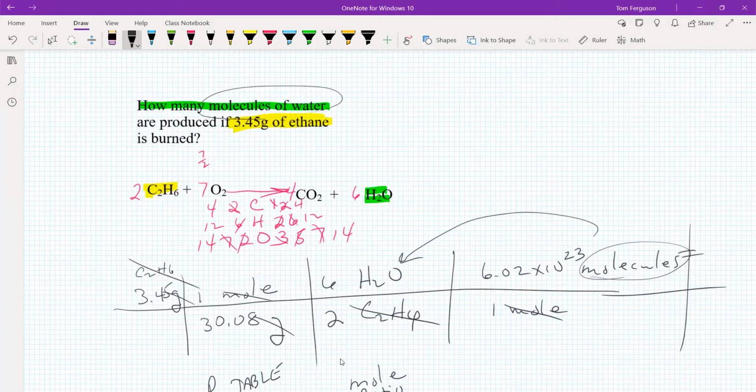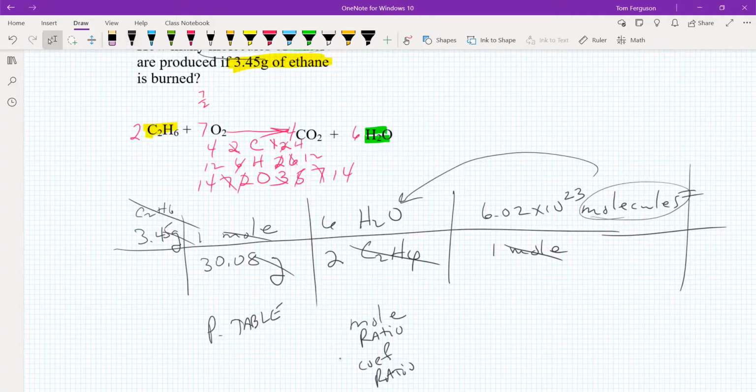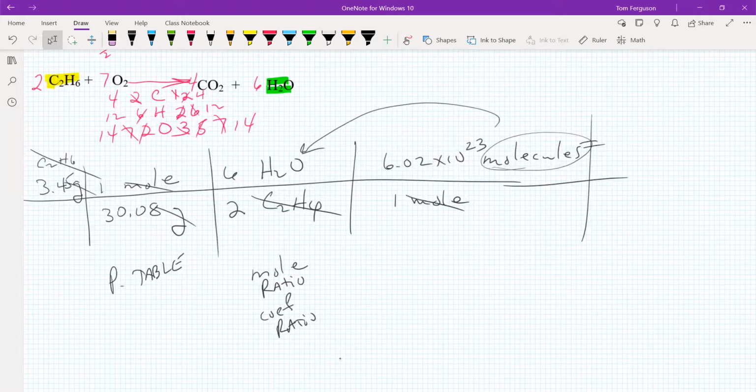Molecules of water. Okay, so let's see how this thing grinds out here. So we're looking at 3 sig figs, 4 sig figs, infinite sig figs, 3 sig figs. The answer is going to be 3 sig figs.